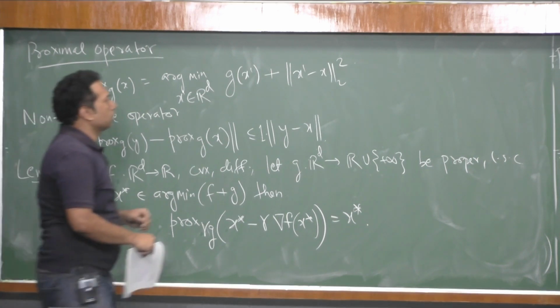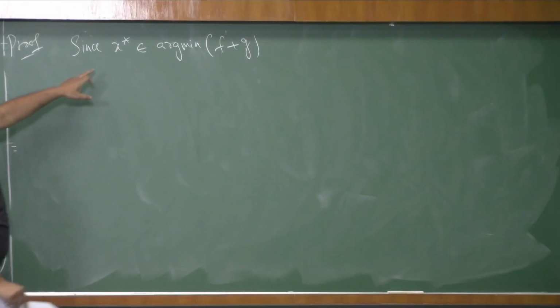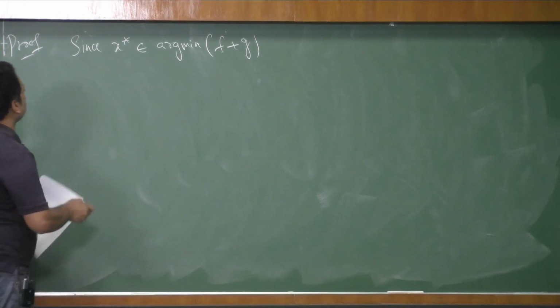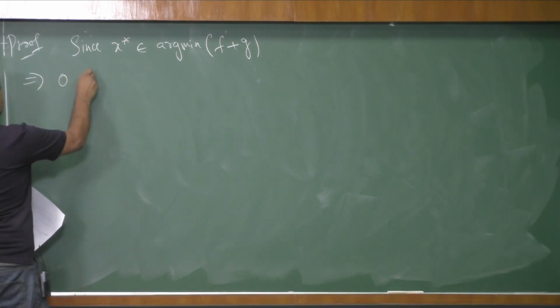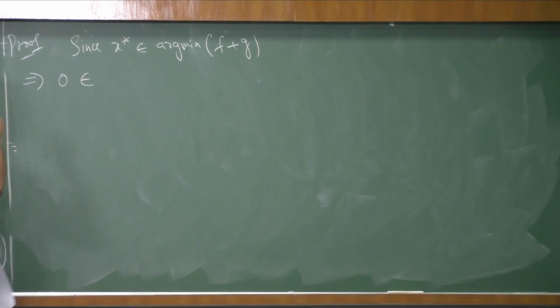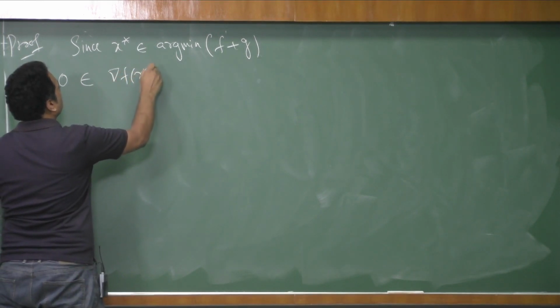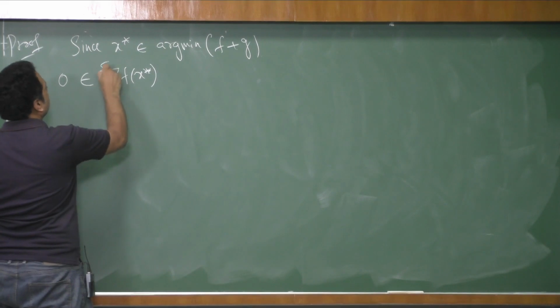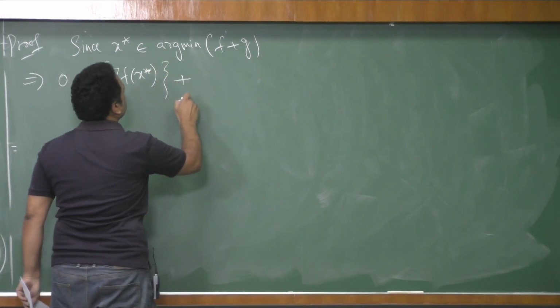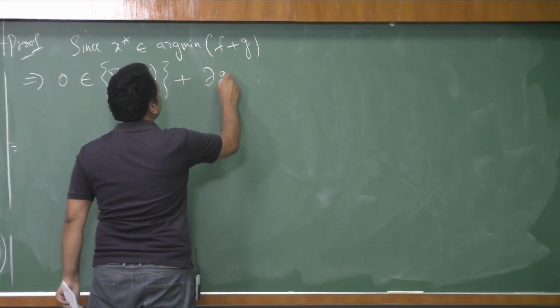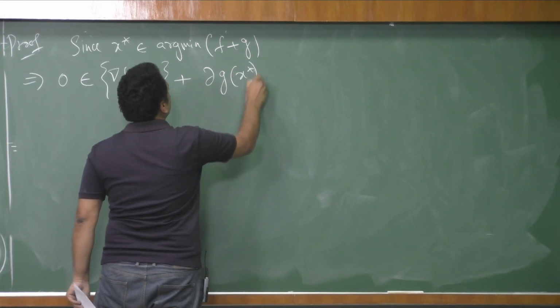This means that 0 must belong to grad f of x star plus the subdifferential of g at x star.